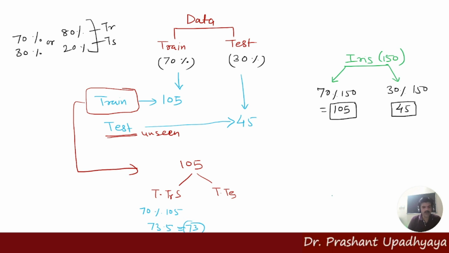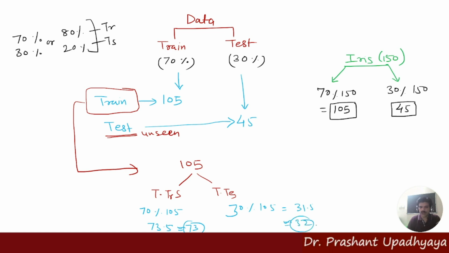And the remaining will be, if I go for 30% of 105, it is going to come to 31.5. Here we have taken out 5, so it comes out to be 32.